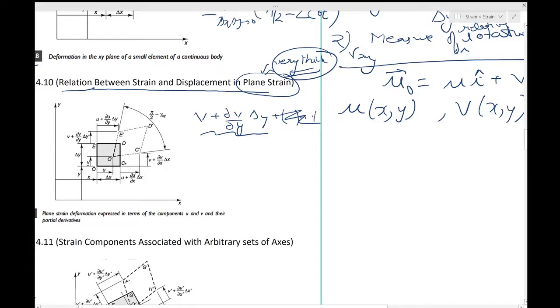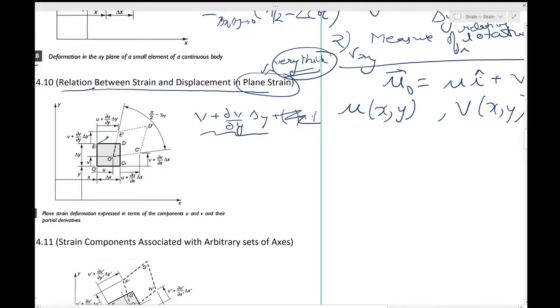Similarly, if O has moved to O dash and the component in the x direction is u, for E you will have u plus dou u by dou y into delta y, because of this difference between O and E. This is very similar to what we have done before. That's how we write the components of displacement of E in terms of the components of displacement of O.